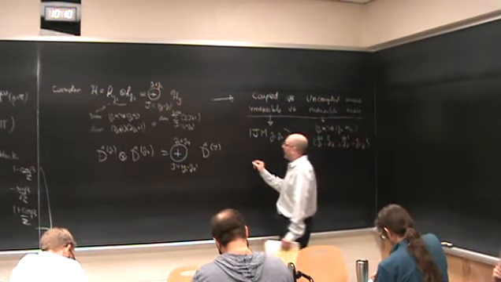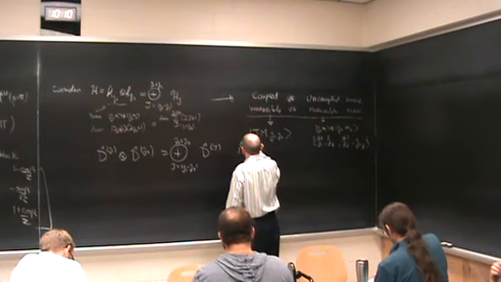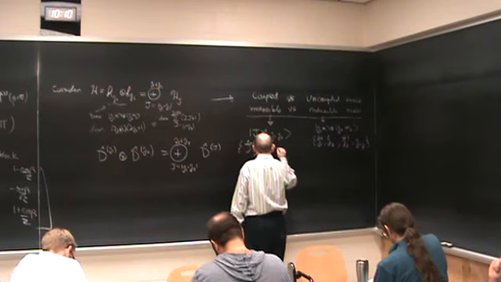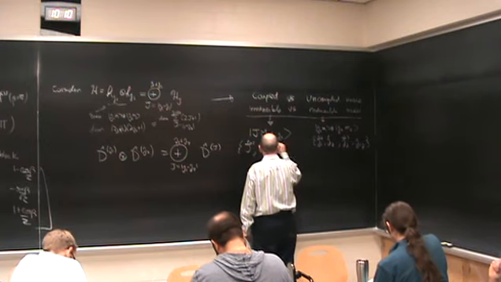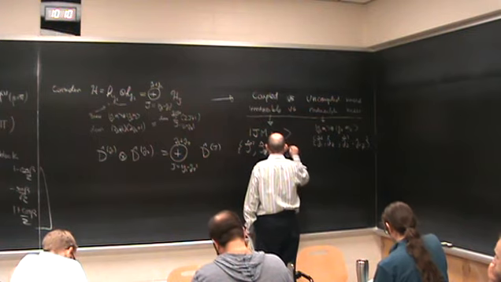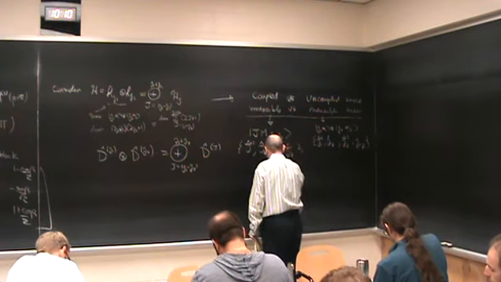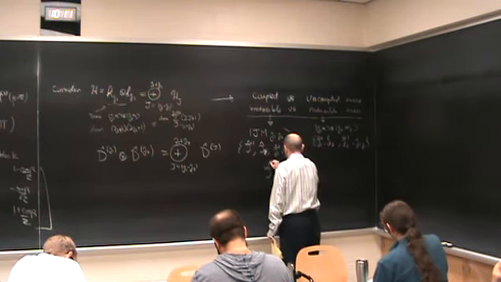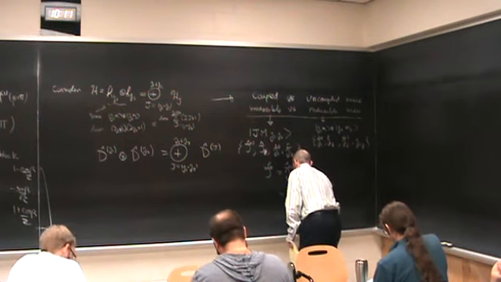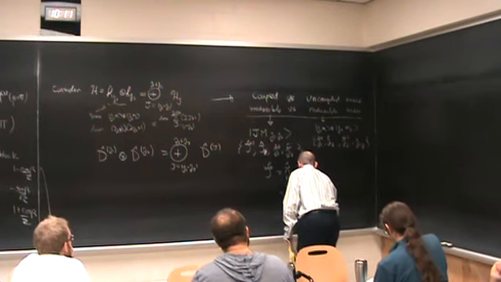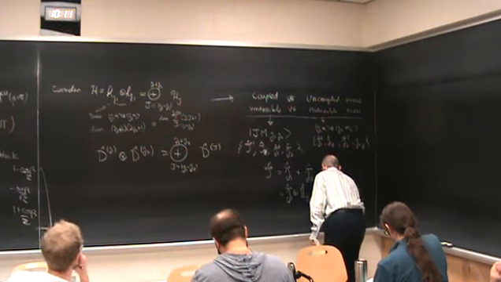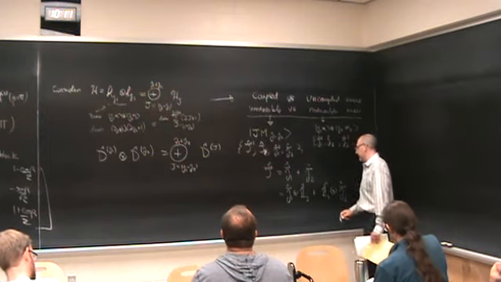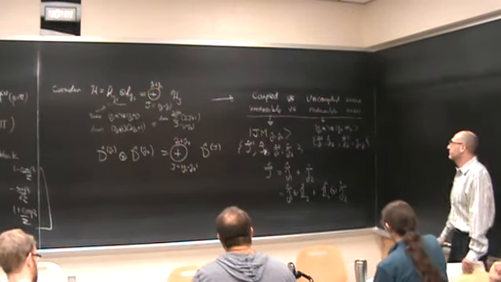So this basis are the simultaneous eigenstates of J squared, Jz, J1 squared, and J2 squared, where of course we're writing J here as J1 plus J2, which is a shorthand for J1 tensor the identity on 2 plus the identity on 1 tensor J2.